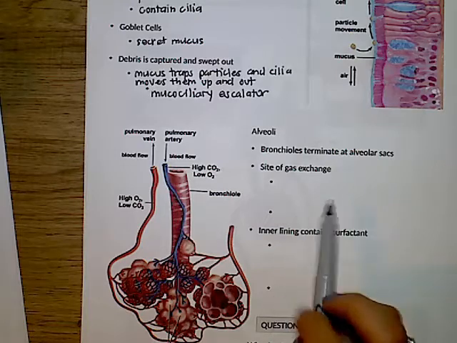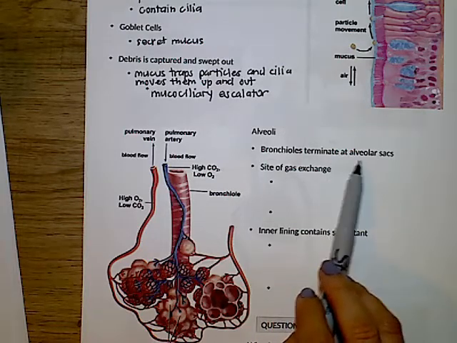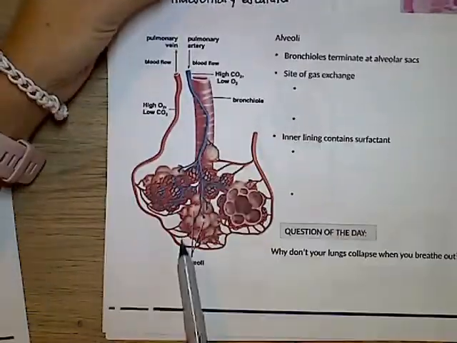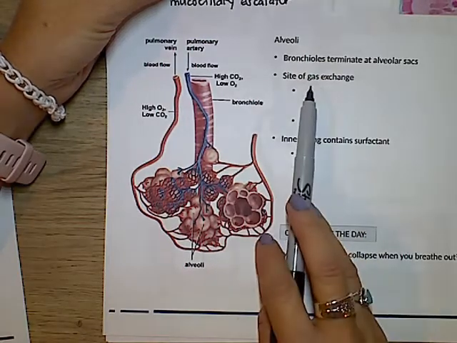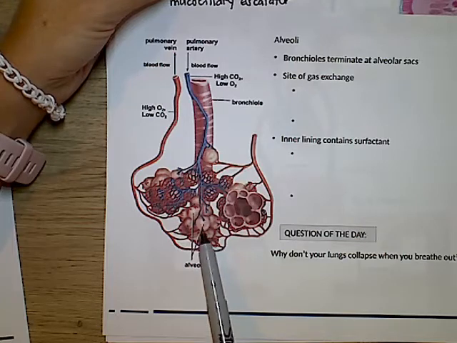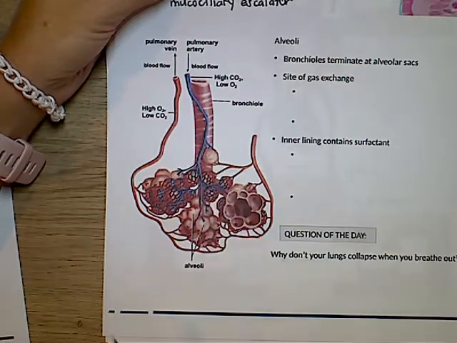Okay, so the bronchioles will terminate at the alveolar sacs, and if you look here, they're little grape-like structures, and those are the alveoli. It's the site of gas exchange, where you bring oxygen into the body and the blood, and you exhale the CO2 out.